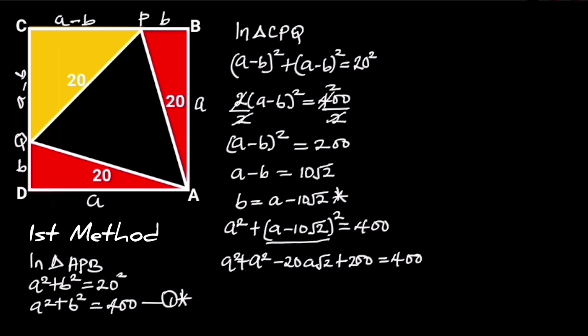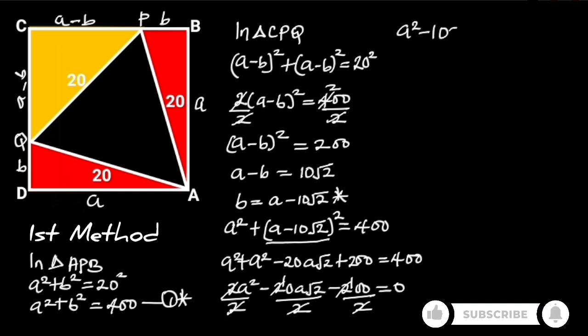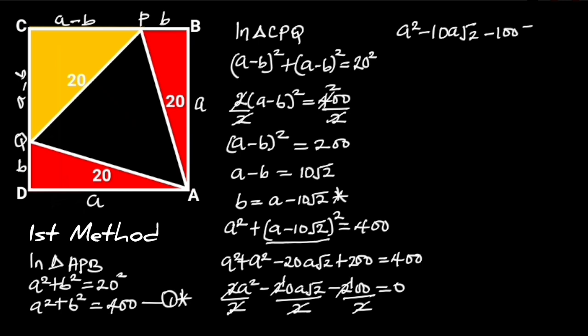Next, let's collect like terms. Doing so will give us 2A squared minus 20A root 2 minus 200 is equal to 0. Dividing through by 2 will leave us with A squared minus 10A root 2 minus 100 is equal to 0.